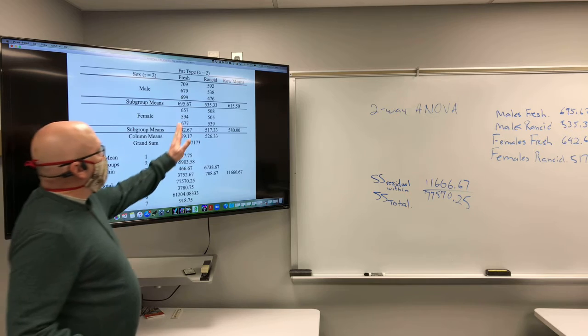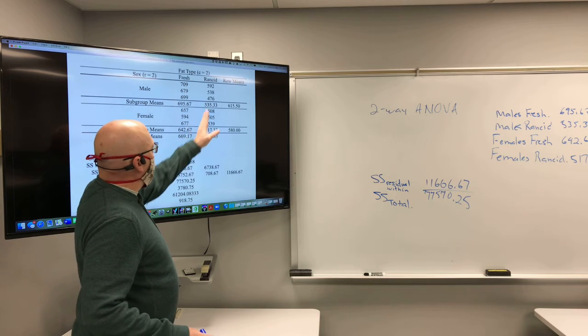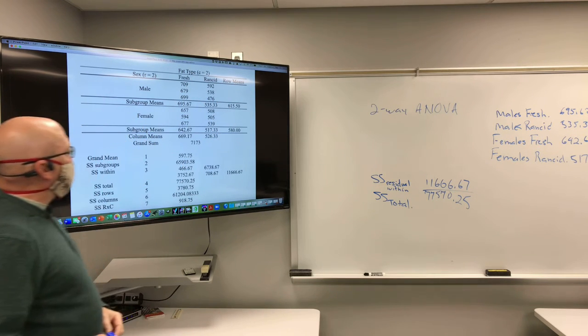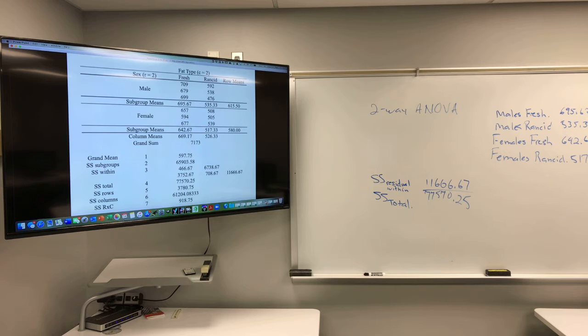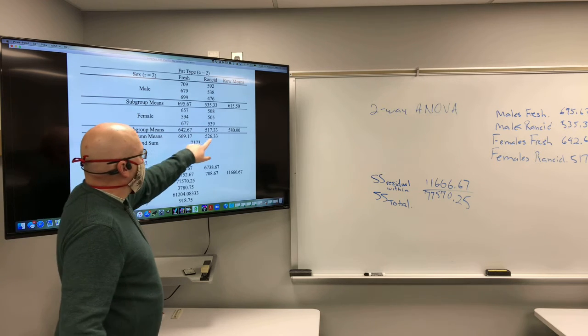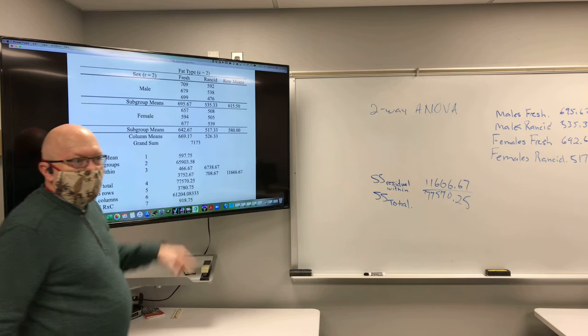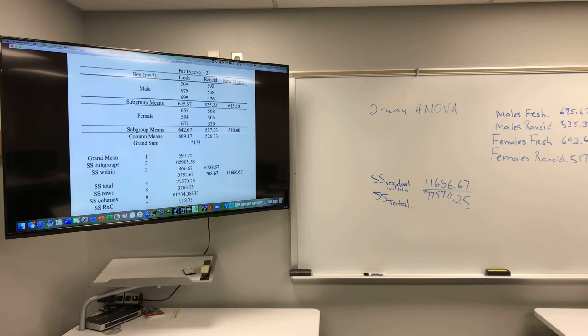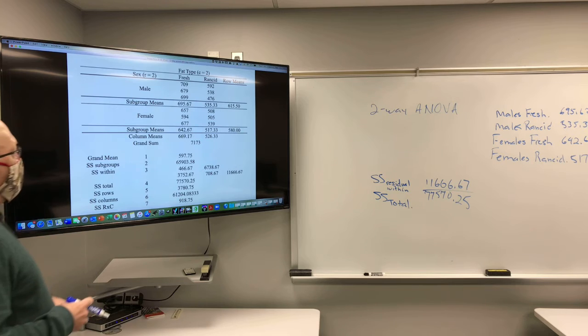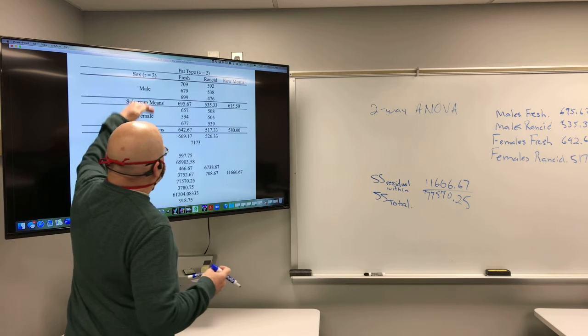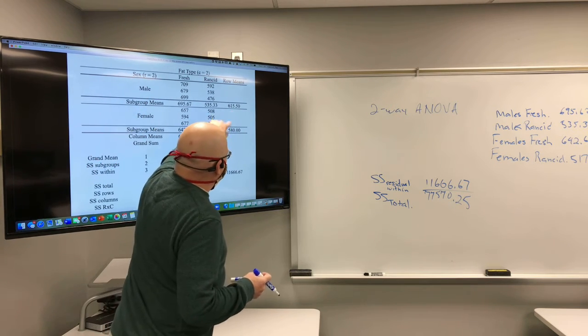If you look across fat type, if you go and look at all the fresh and all the rancid, what does it look like is happening when you look down here at the column means? Yeah, fresh gains more weight than rancid. If you look across male and female, which are the row means, what do you see?